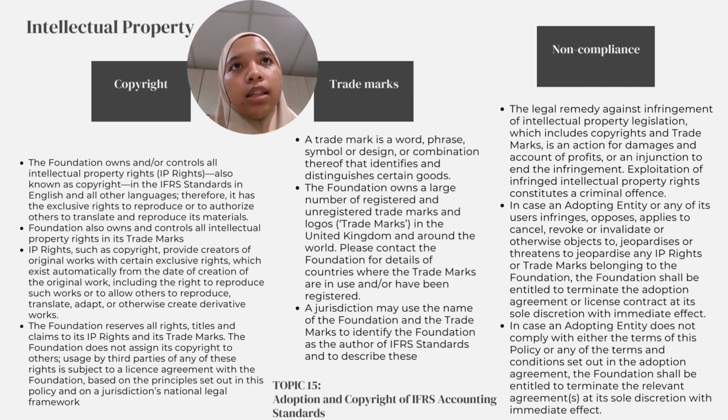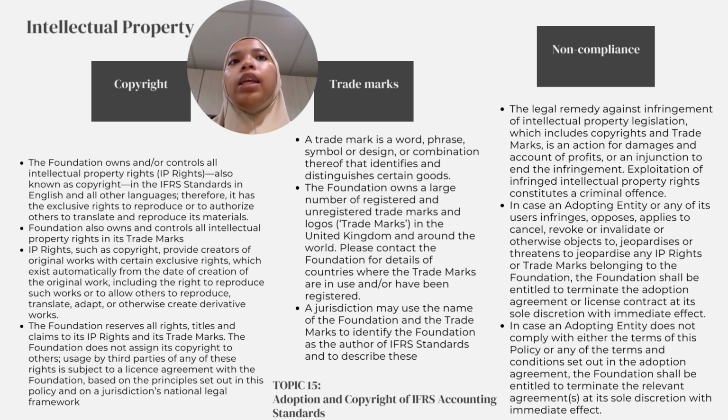Okay, so lastly is the non-compliance. The legal remedy against infringement of intellectual property legislation, which includes copyrights and trademarks, is an action for damages, an account of profits, or an injunction to end the infringement. Exploitation of infringed intellectual property rights constitutes a criminal offence.